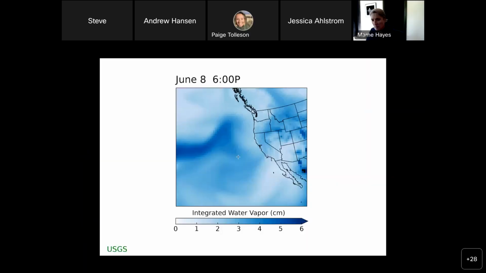Okay, so what I've done here is looked at integrated water vapor, which is simply all the water vapor in the atmosphere from the surface up to 300 millibars, which is roughly 30,000 feet. That's basically the limit of atmospheric moisture.